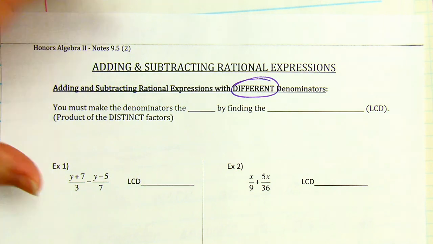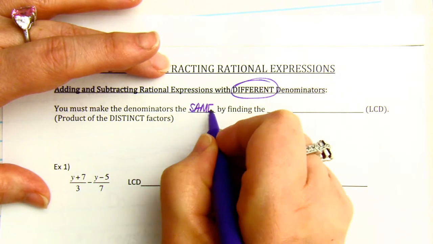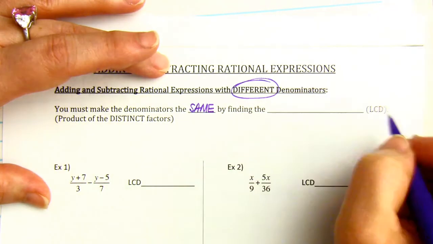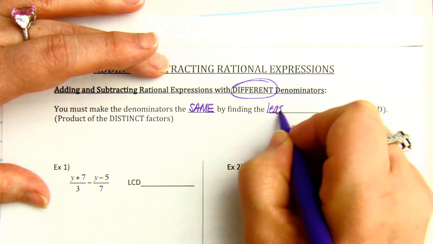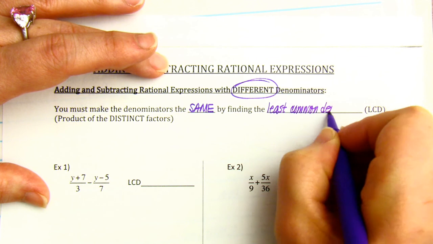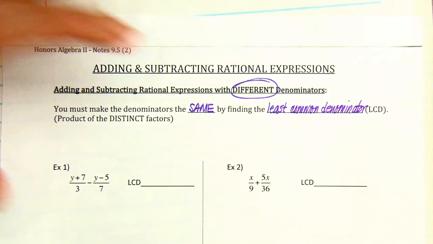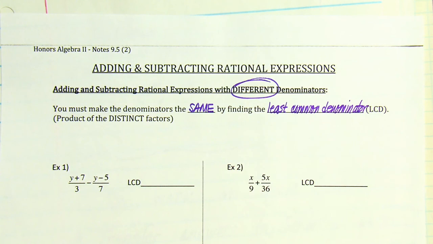You must make the denominators the same by finding the LCD, the least common denominator, which is the product of the distinct factors.